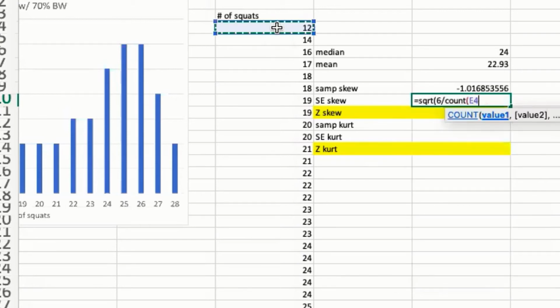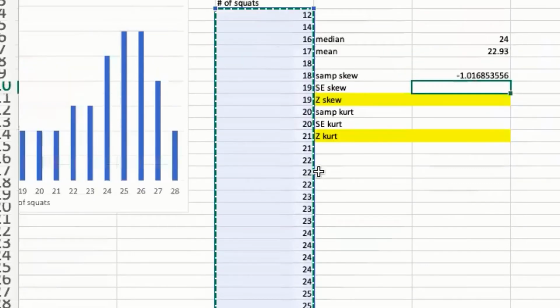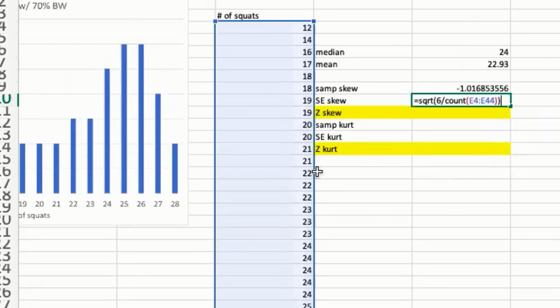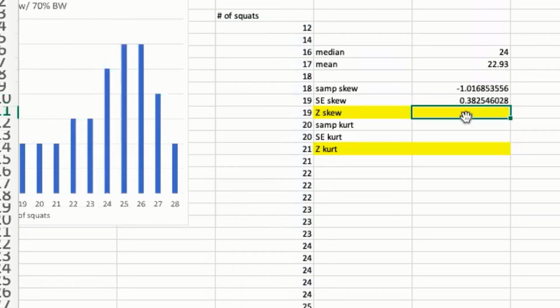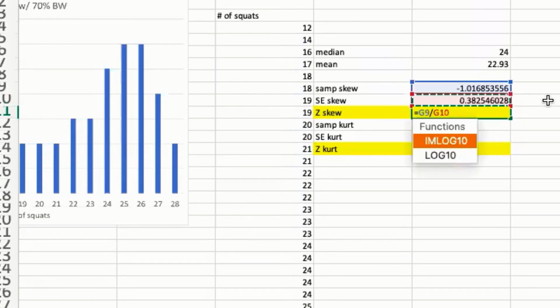We can use the count function for that. It's probably easiest if you follow the function bar up here: square root function, parentheses, 6 divided by sample size, which we find by using the count function, and then highlight our entire range of data. And then Z skew would be our sample skewness divided by the standard error of skewness.